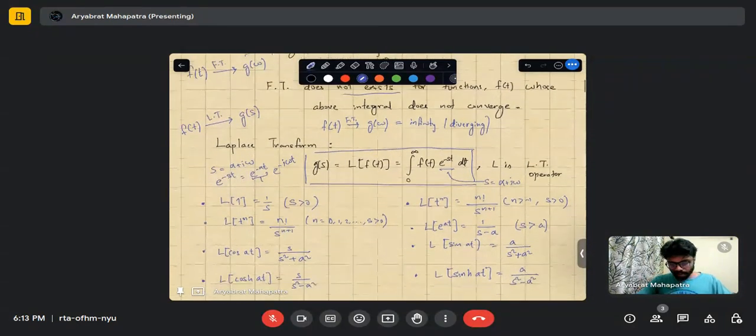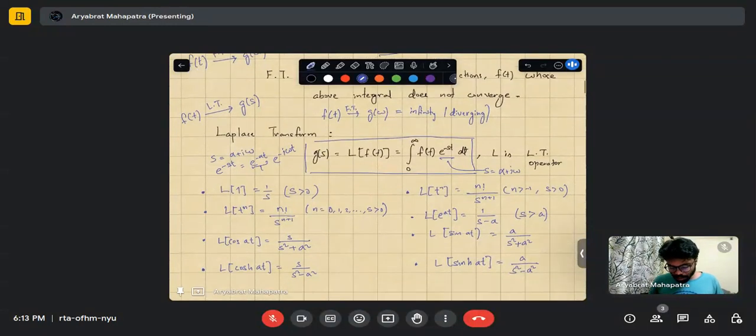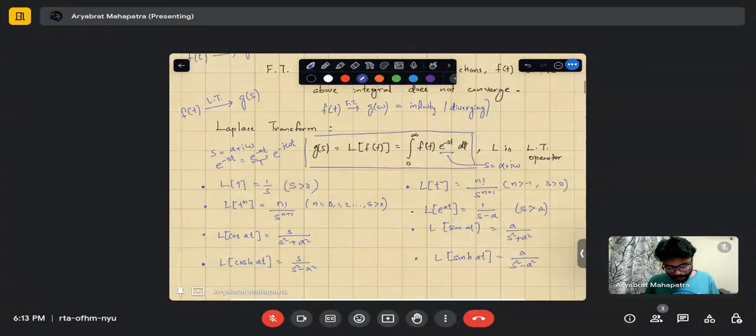So using this definition of Laplace transform, here you have some standard results. You can also prove all these results from this fundamental definition of Laplace transform. So that is nothing new here, but those are some standard results.